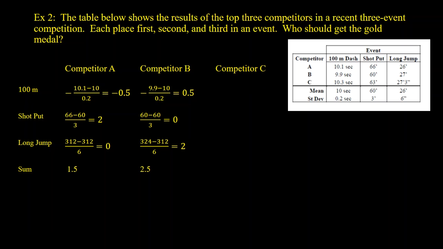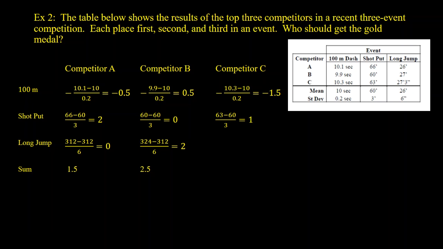Finally, competitor C. Competitor C had a slow 100-meter dash time, 10.3 seconds. So we have negative 10.3 minus 10 over 0.2, which is negative 1.5. So that score is really going to hurt. Shot put 63 feet, so 63 minus 60 over 3, which is 1.